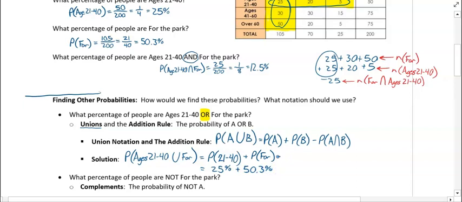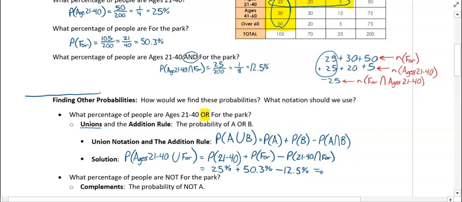But some of that probability got counted twice. We need to subtract the probability that they are 21 to 40 and for the park. And we also found that was the third part of our warm up, 12.5%. So we need to subtract that 12.5% because it got counted twice.